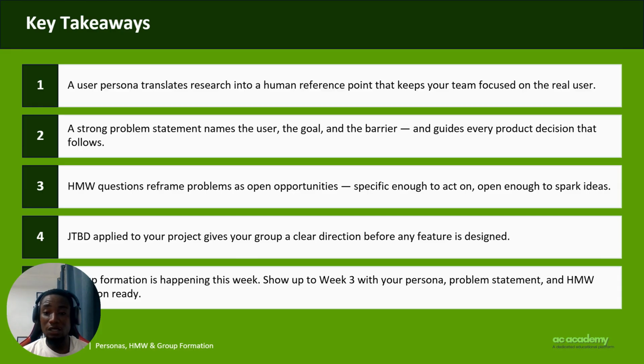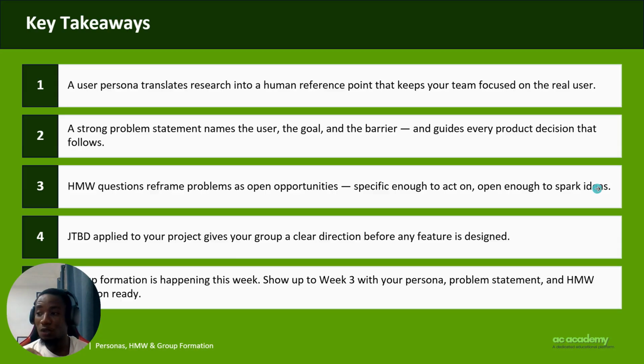Okay. Now your key takeaways. You know who a user persona is or what it is. It translates research into human reference, a specific reference. A strong problem comes with these features: the user, goal, and barrier. Note that it guides you to write a good and a strong problem statement. All right.